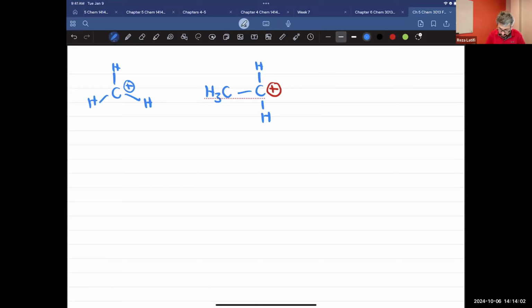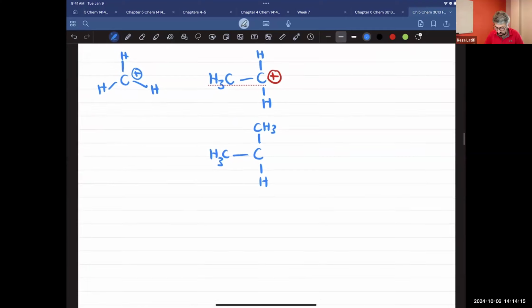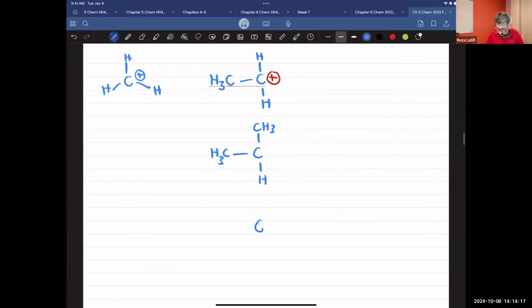Next, we have a carbon attached to 2 CH3 and 1 hydrogen. Next, we have a carbon attached to 3 CH3, and there is a positive charge, of course, on it.